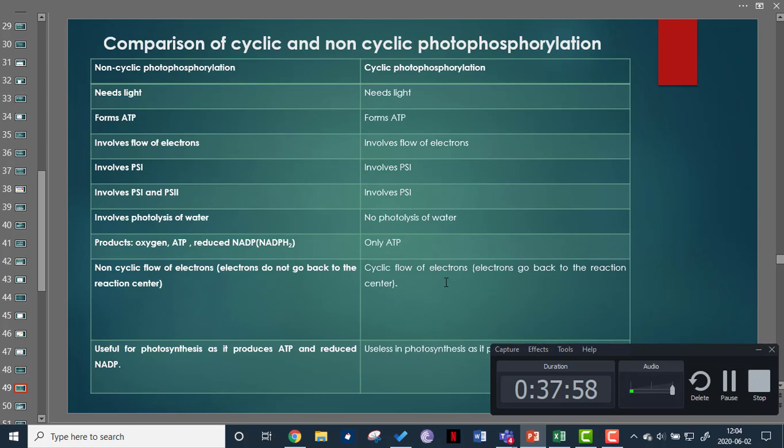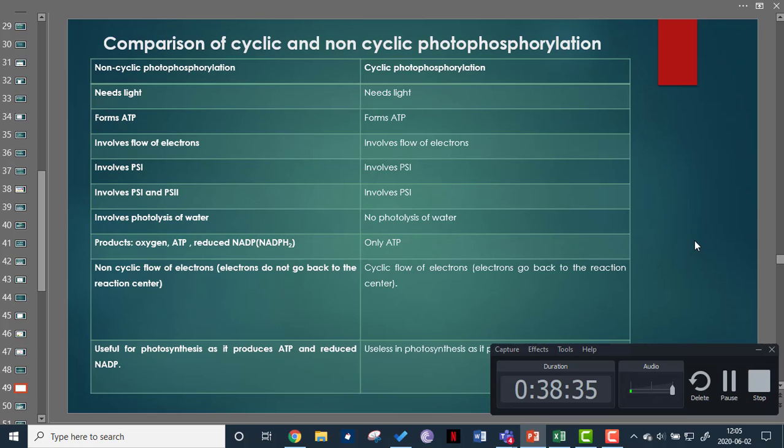But in cyclic photophosphorylation, the electrons flow in a cyclic manner and go back to the reaction center. You remember we talked about the light harvesting center and the reaction center. Because non-cyclic photophosphorylation produces so many products, especially those required in the light-independent stage, we say it's a useful stage for photosynthesis, because it produces ATP and reduced NADP.